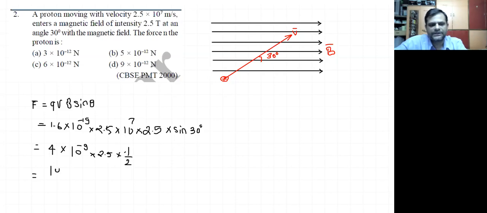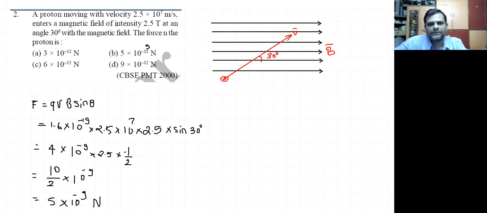So in this way, we can get this as 10 upon 2 into 10 raised to minus 9, which gives simply 5 into 10 raised to minus 9. Okay, Newton. This is actually going to be the force, 5 into 10 raised to minus 9 Newton. It should be 10 raised to minus 9 here. Just make it correct.